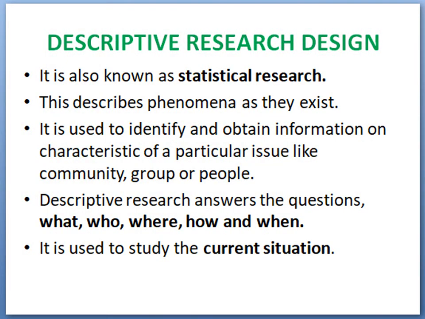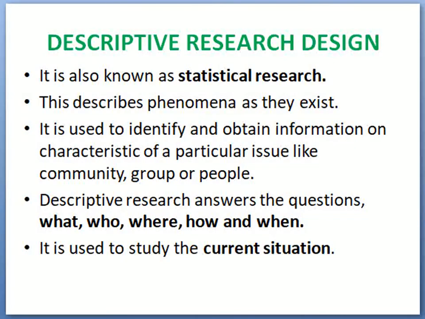As the term descriptive suggests, here the observer observes and describes what he finds. Okay, so it is also known as statistical research. This describes the phenomena as they exist. It is used to identify and obtain information on characteristics of a particular issue like a community, group or people.